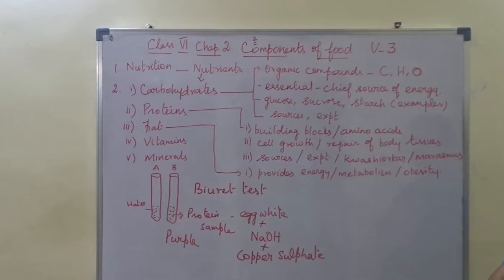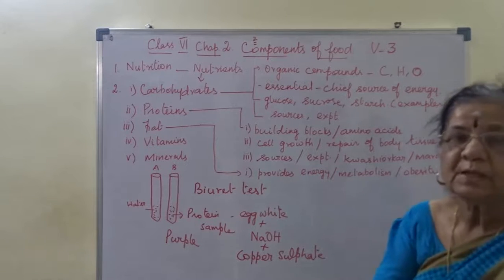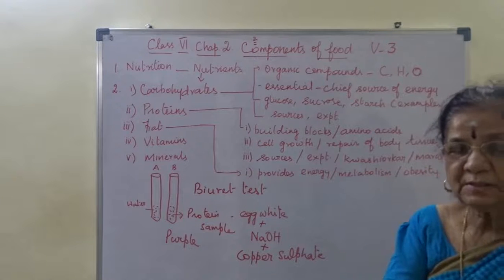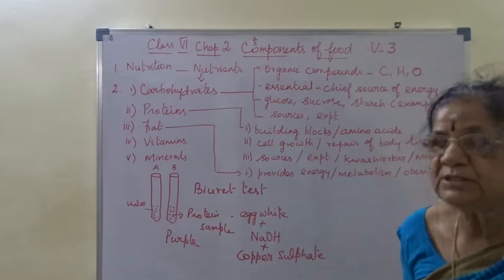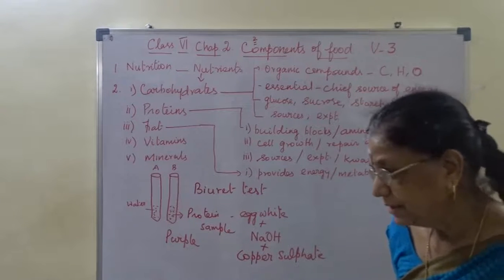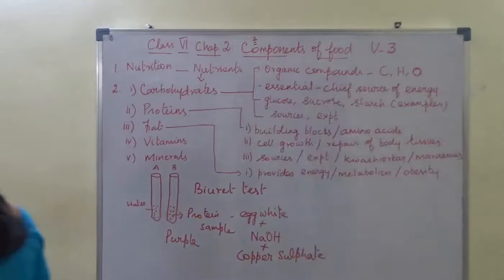The sources are pulses, such as green gram, tur dal, and chana, sprouted chana.